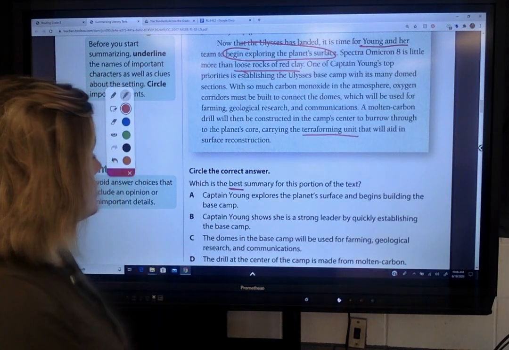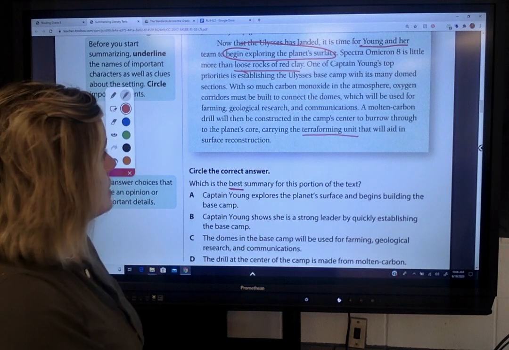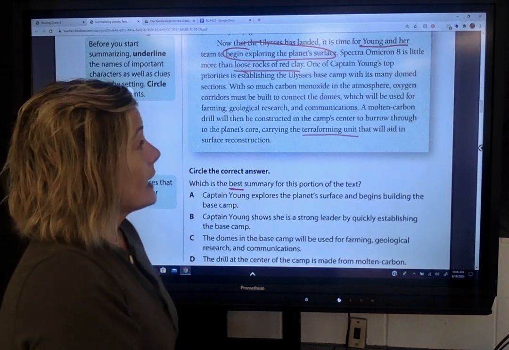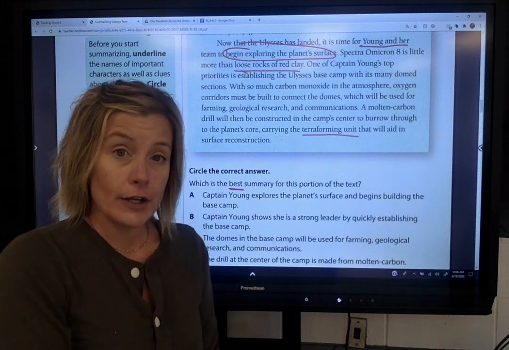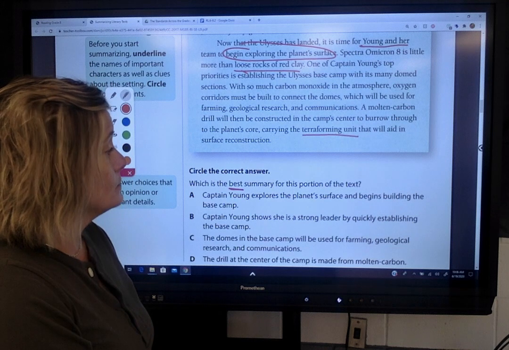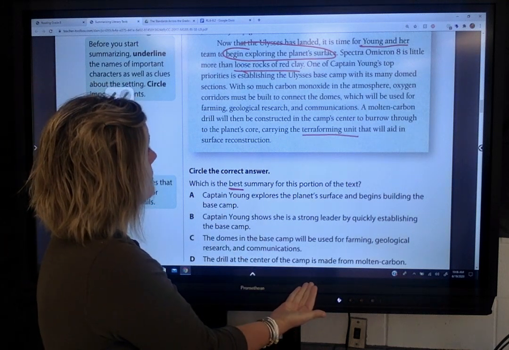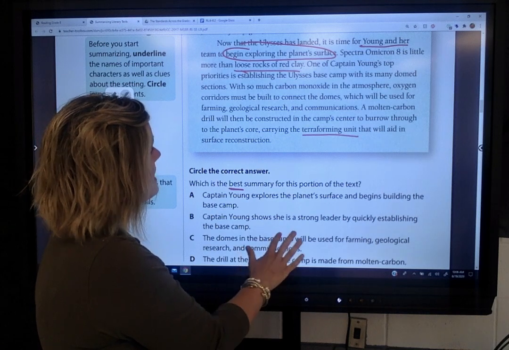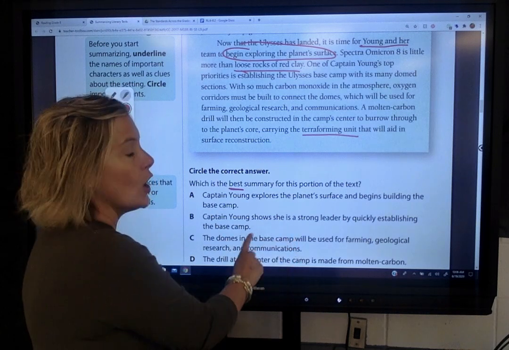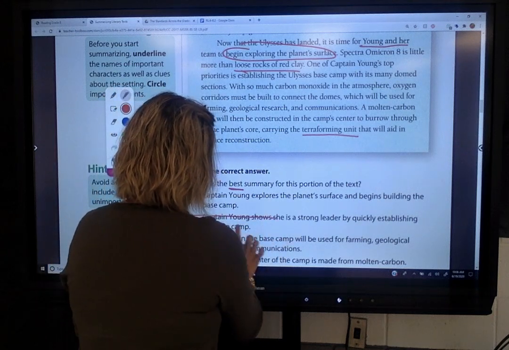Captain Young shows that she is a strong leader by quickly establishing the base camp. Captain Young probably is a strong leader, but nowhere in there does it tell us that she's a strong leader. Now, we know that she's establishing the base camp, but it doesn't really even say quickly. This is a small detail from the text, so this is not going to be our answer.